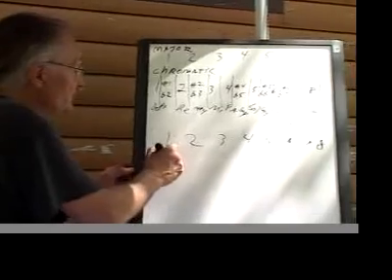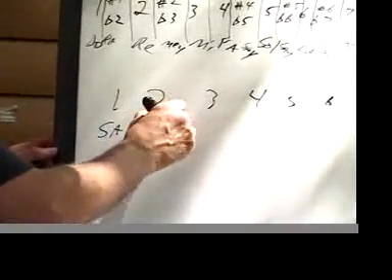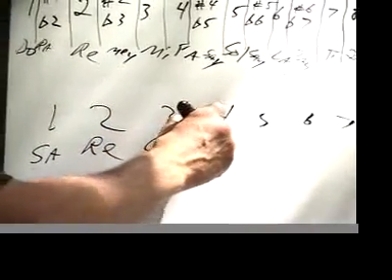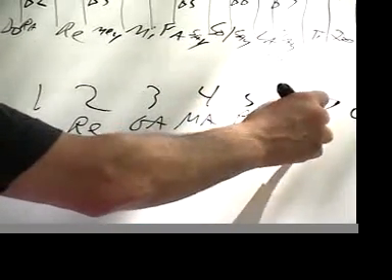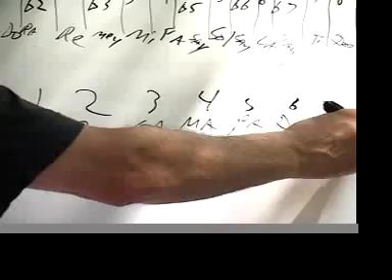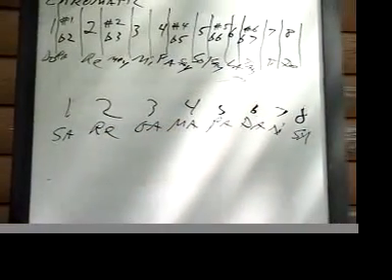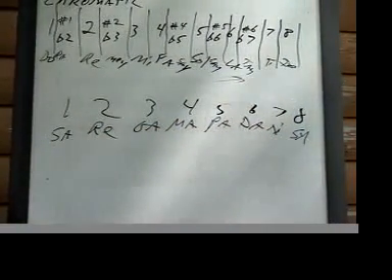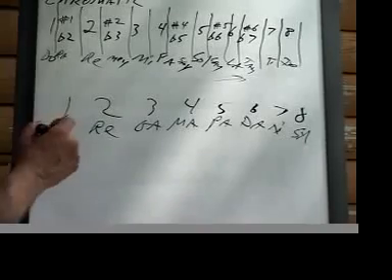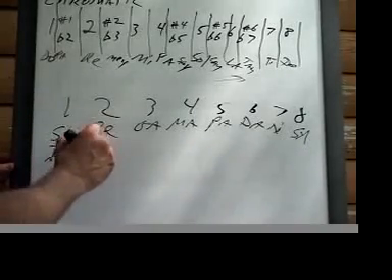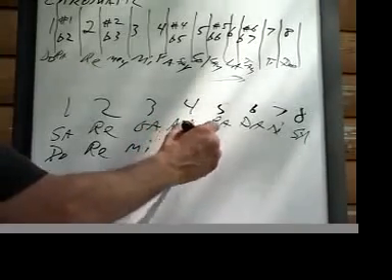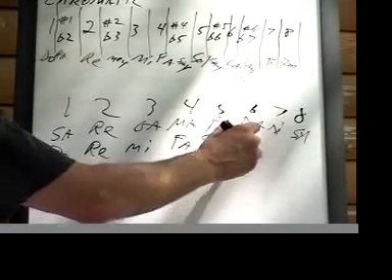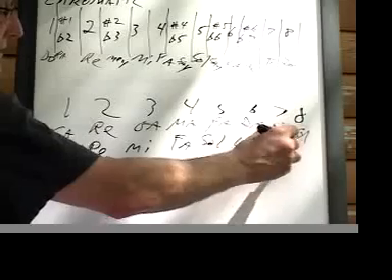So Indian musicians use these syllables: sa, re, ga, ma, pa, da, ni, and sa. The Italians had a very similar system, and this is what's used in the classical world: do, re, mi, fa, sol, la, ti, and do.